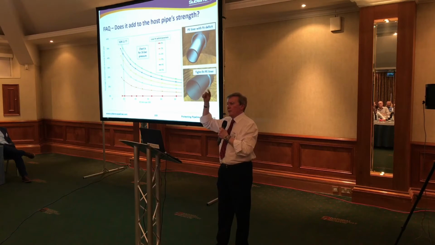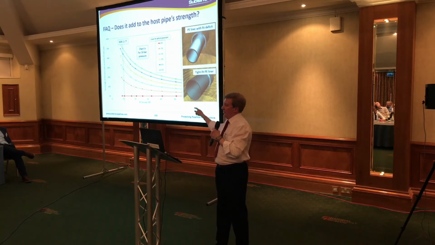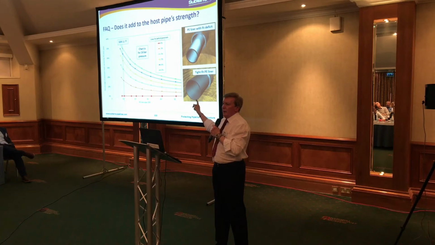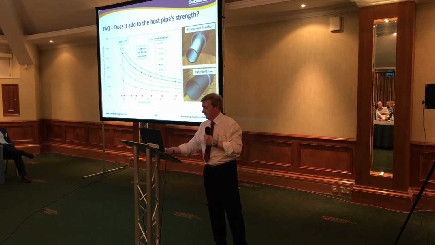The curves represent different amounts of fit deficit of the liner inside the hose pipe. But what's interesting is that when you have a really tight-fitting liner, even at SDR 11, at 16 bar, the liner is taking less than 1% of the load. And you kind of think, well, why is that? It's obvious, really. When the hose pipe fails, the PE liner can then strain and mobilise that strength.